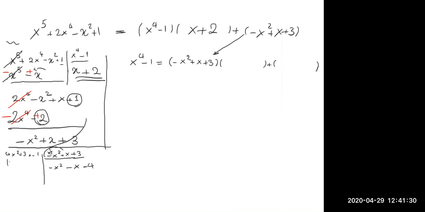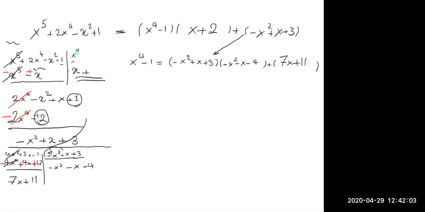I would get 4x squared. And then there would be minus 4x minus 12. I change the signs, minus, plus, plus. These two cancel each other. I would end up with 7x plus 11. Hopefully I'm correct. Yes, I'm correct. So here I would get minus x squared minus x minus 4. Here I would get 7x plus 11.